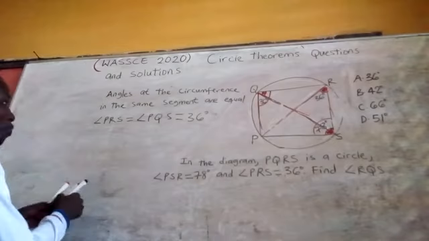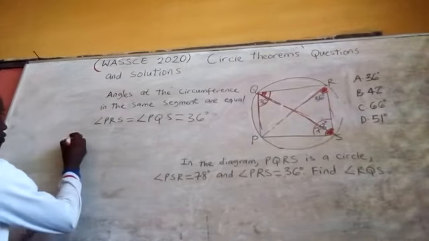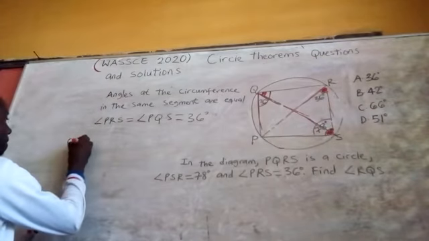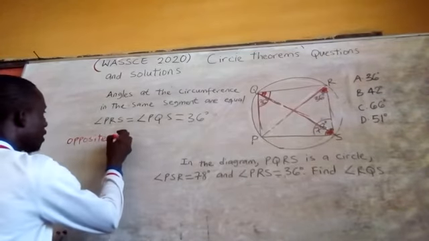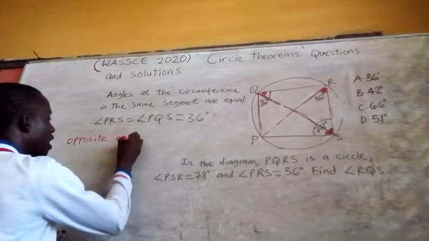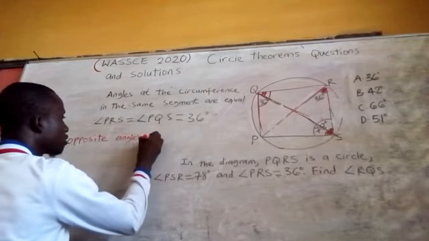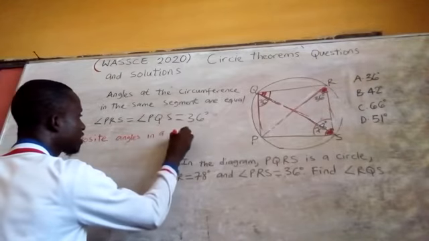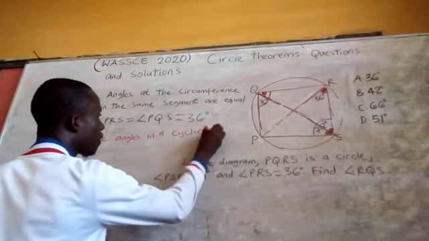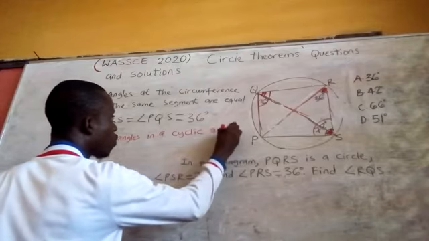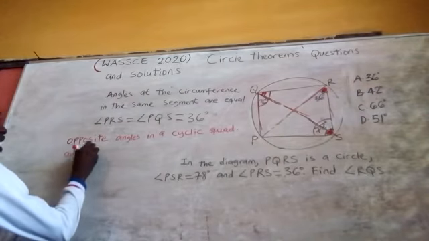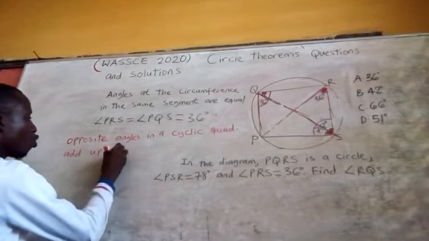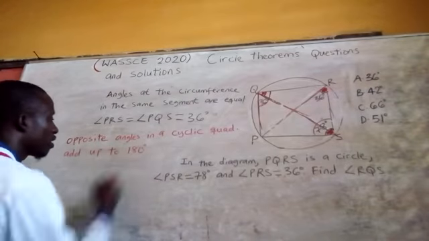So here we see opposite angles. Opposite angles in a cyclic quadrilateral add up to 180 degrees.